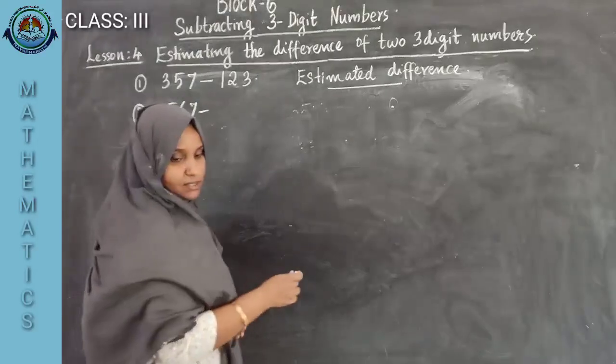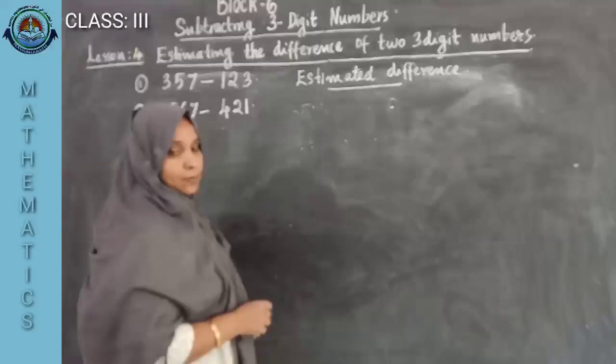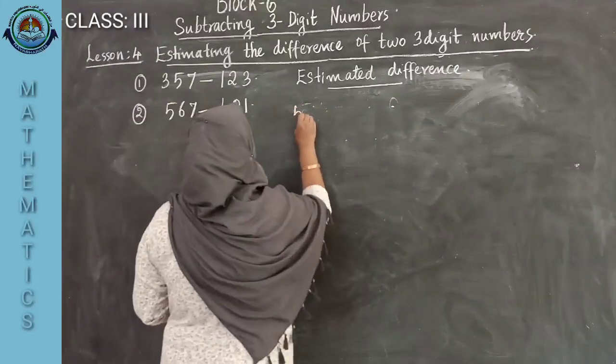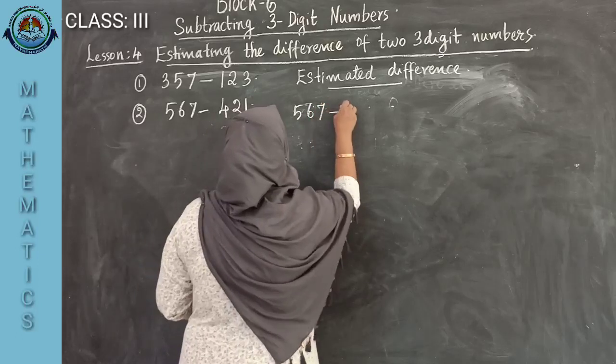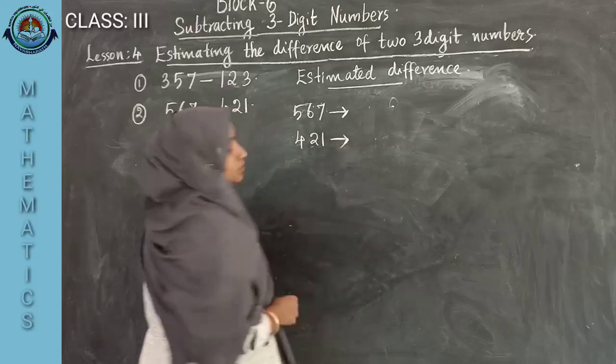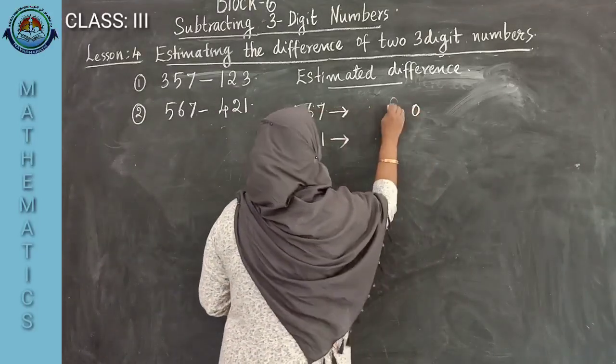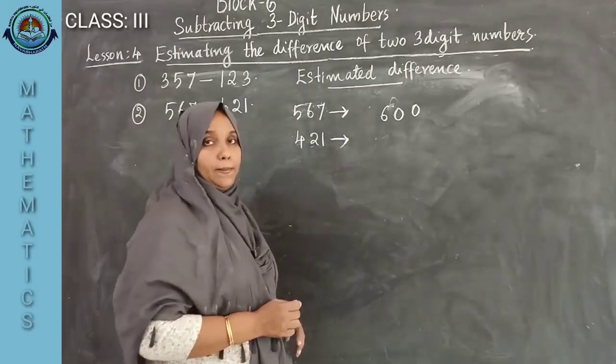567 minus 421. So write 567 and 421. Then 0, 0. On rounding off, 567 becomes 600. Any doubts?